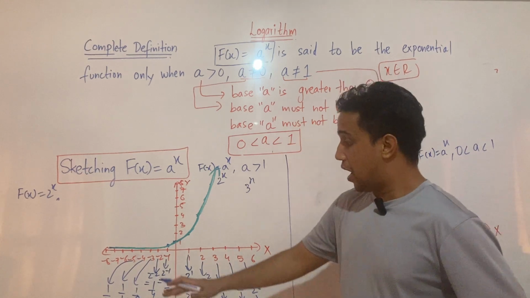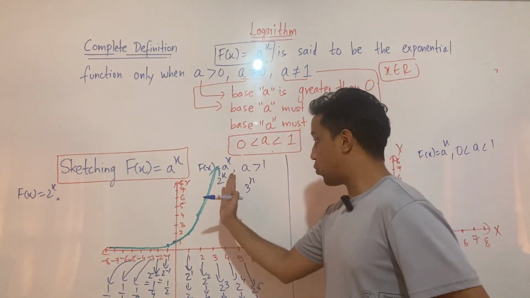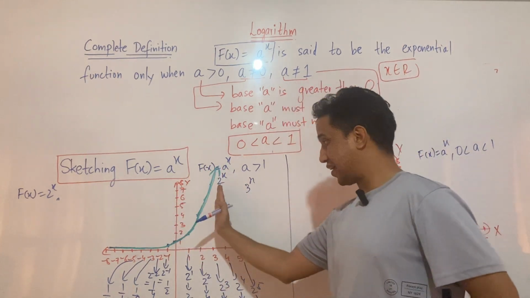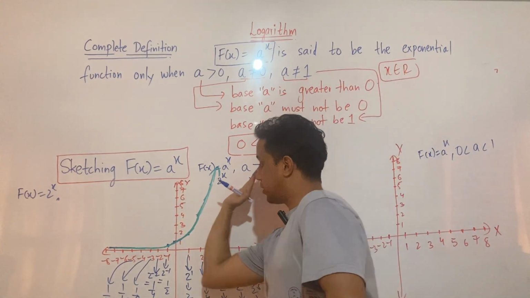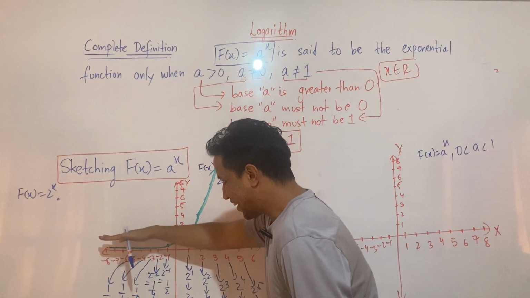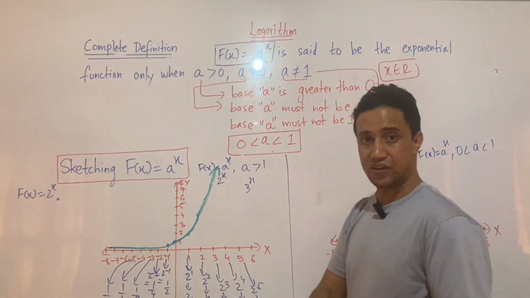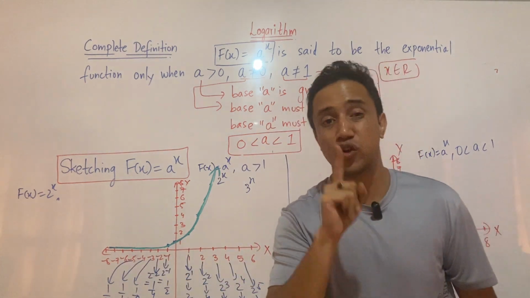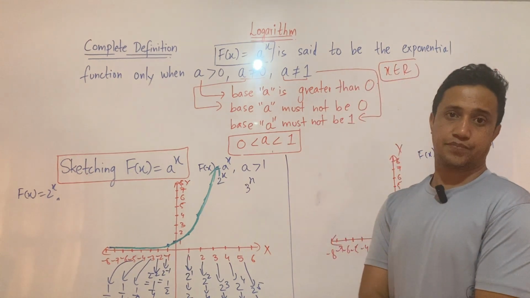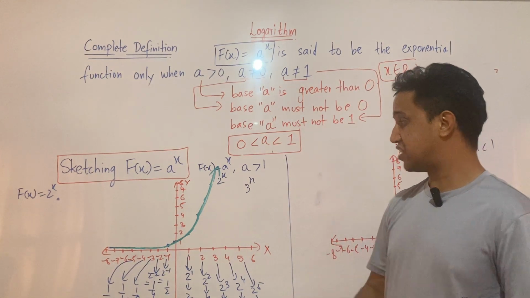When you increase the value of a, the right side gets steeper, but the left part will show more inclination towards the horizontal x-axis, but it will never touch it. I hope this is clear.